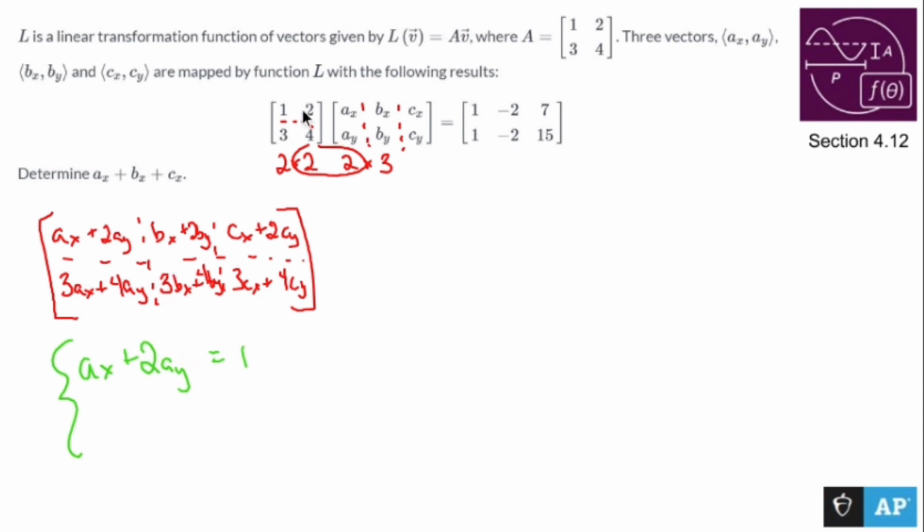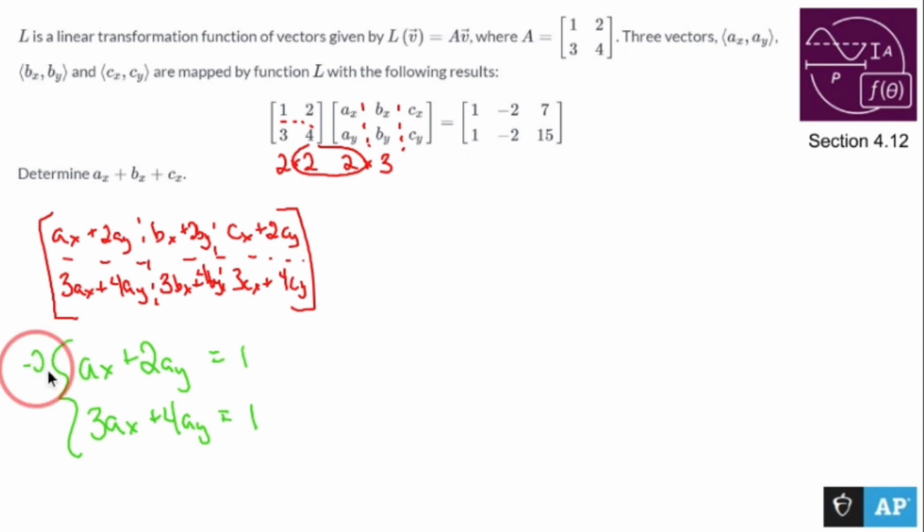So since these 2 are multiplied together, equal 1. Okay, 3a sub x plus 4a sub y, the bottom left, row 2, column 1, is going to map to 1. And so now it's a systems of equations type problem. So if we want to do elimination, well, what I really want to do is find out what x is. So yeah, let's do elimination.